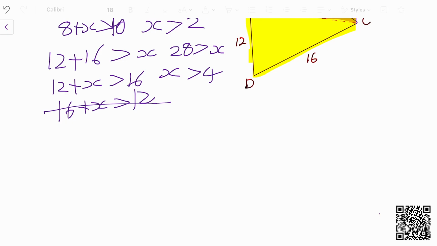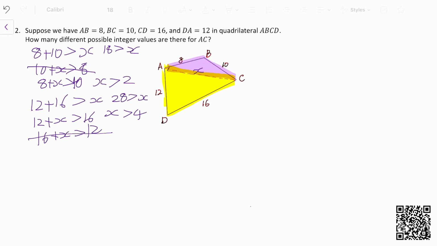And now that we have our sets of equations, we just need to find a center for both of them. The top one says that x has to be less than 18 but greater than 2, and the bottom one says it has to be less than 28 and greater than 4. X can be less than 18 while also being less than 28, therefore we take x less than 18 for the less than value.